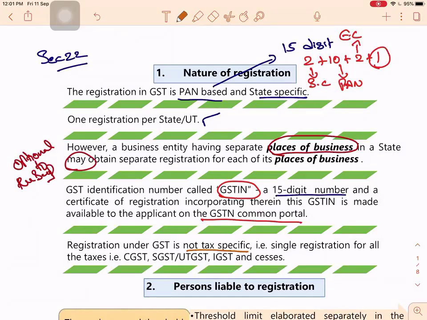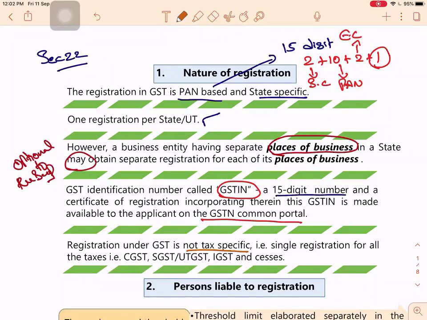Fine. Now the point arises, in however many states you have a place of business, definitely in all those states you are required to obtain the RC mandatorily. That is okay. Now, my question is, on crossing which limit do we have to apply for registration? Here the limit varies from state to state and varies from goods to services also.